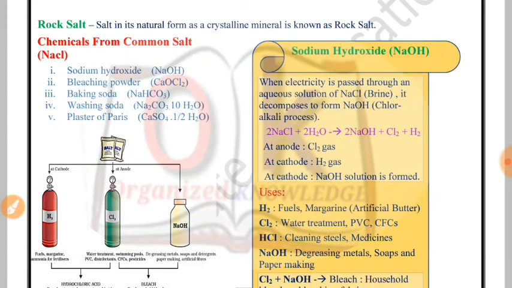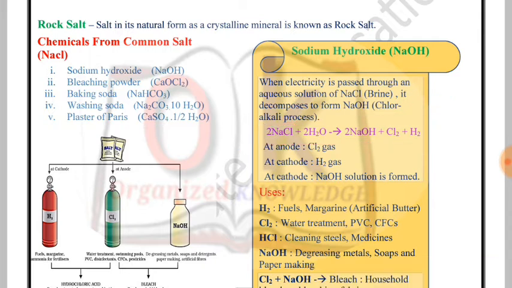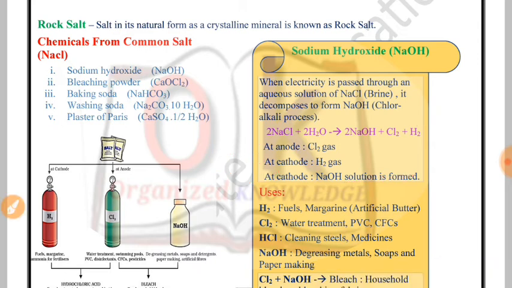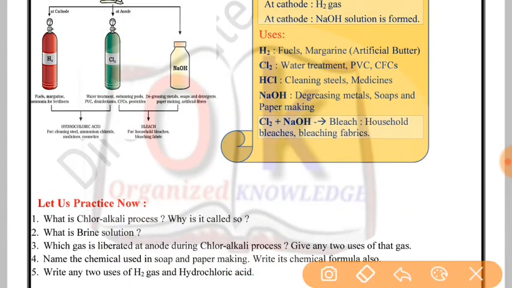So this complete process is known as the Chlor-alkali process. In this process, chlorine gas is liberated at the anode, hydrogen gas is collected at the cathode, and sodium hydroxide solution is also formed at the cathode. Now let's discuss the uses of all these products.